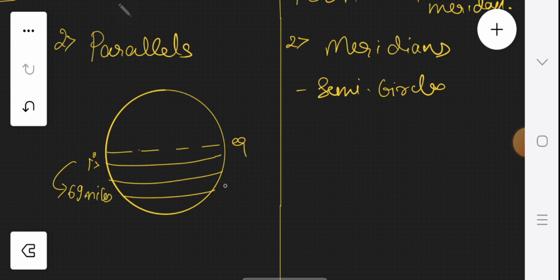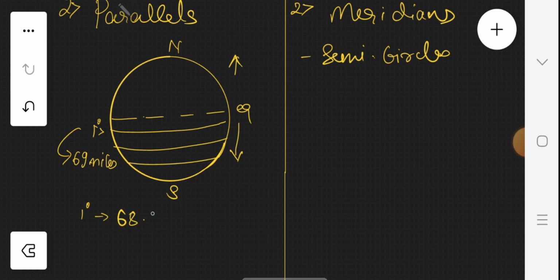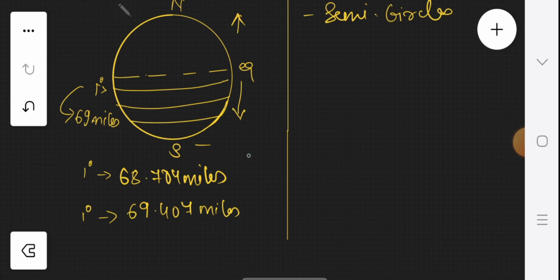Since the Earth is a little bulged at the equator and flatter at the north and south poles, the distance between the latitudes increases as we go towards the south pole or the north pole. At the equator, the distance between each 1 degree latitude is around 68.704 miles. As you go to the poles, that 1 degree difference increases to 69.407 miles. So on average, we take the difference between each latitude separated by 1 degree as 69 miles.